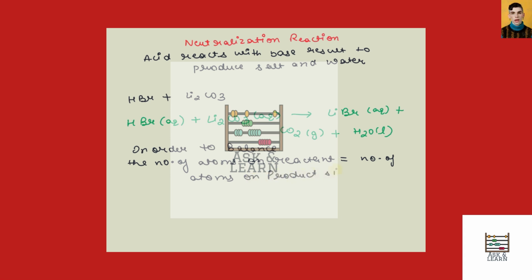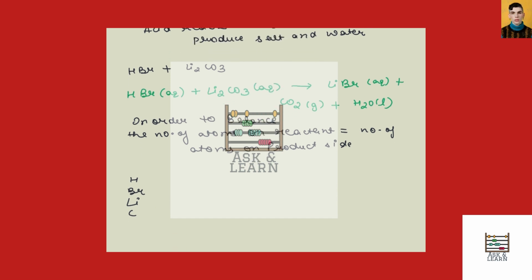So now let's see here. Firstly, the atoms involved are hydrogen, then bromine, then lithium, then carbon, and then oxygen. So 1, 2, 3, 4, 5. So 5 elements are there. So let's see the number of these atoms on the reactant and the product side.